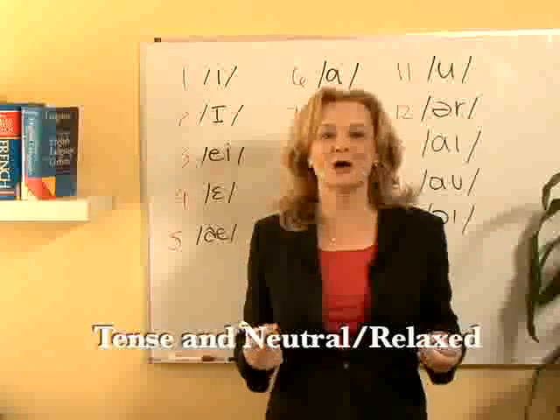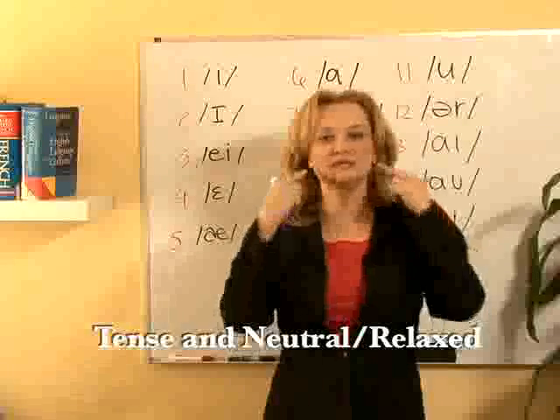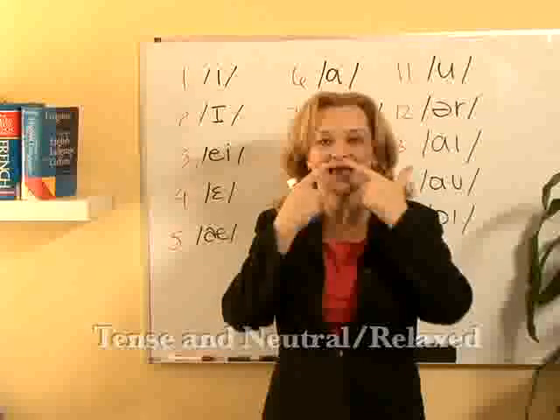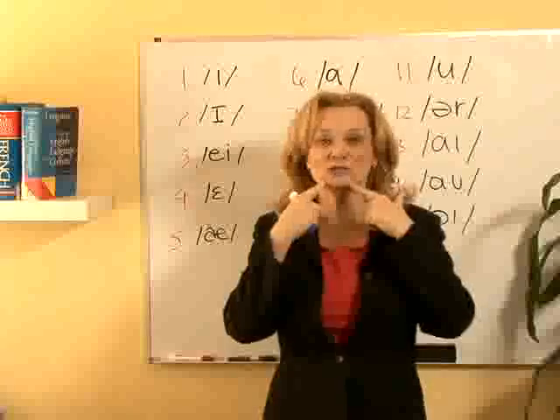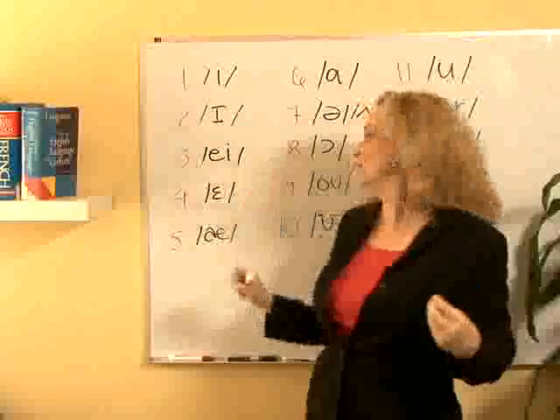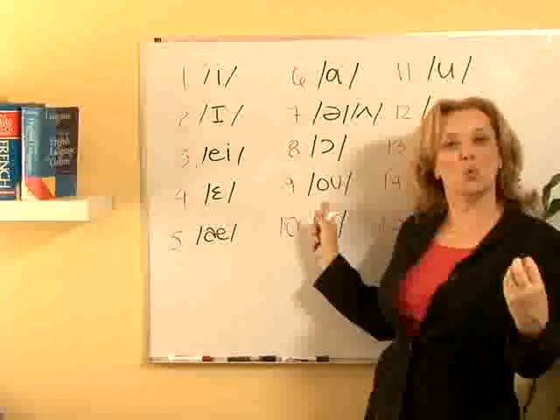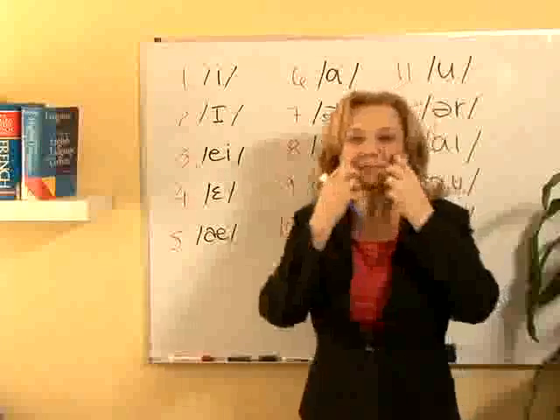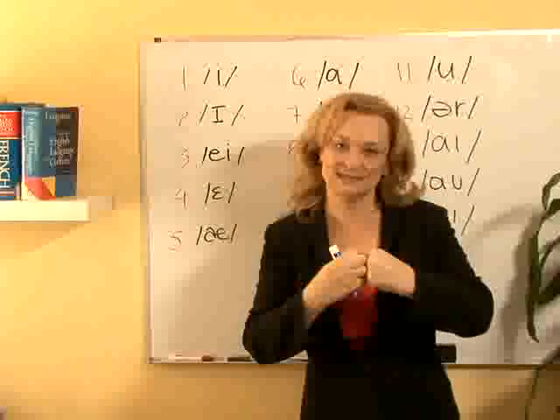When we say a vowel is tense, it means that our tongue is tense and sometimes our lips are also tense. For example, when I say E or when I say O, there's a lot happening. My mouth is moving and it's tense.